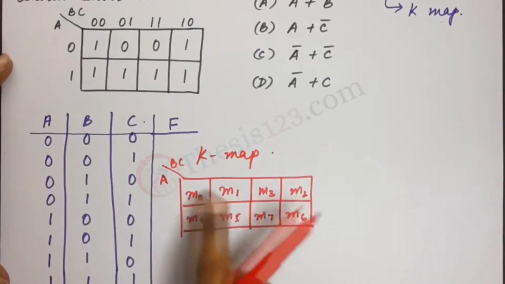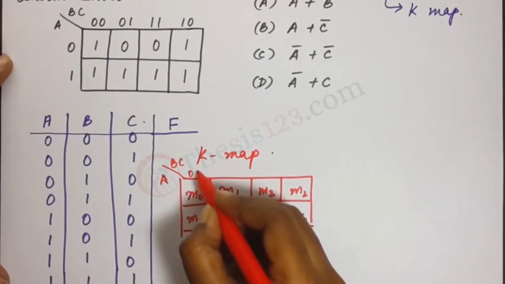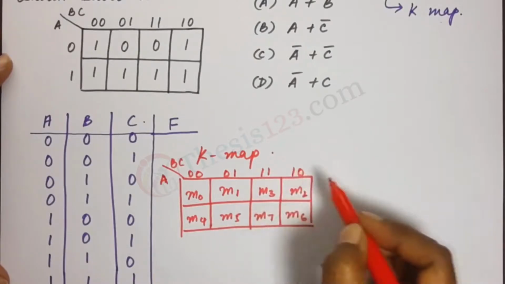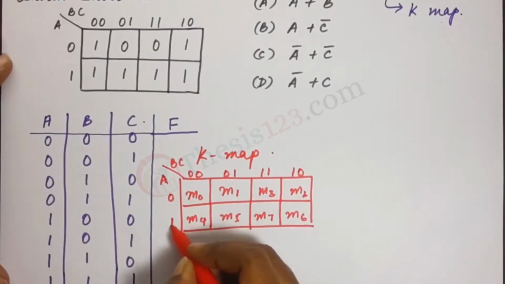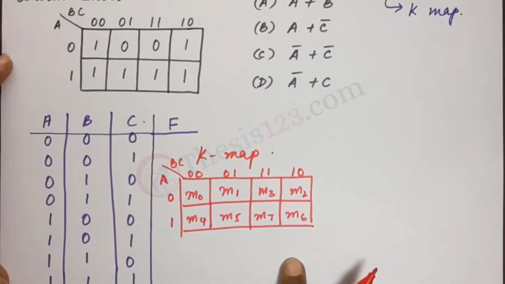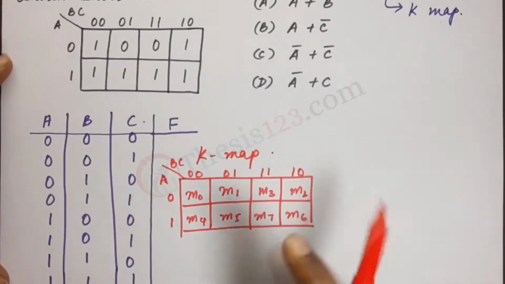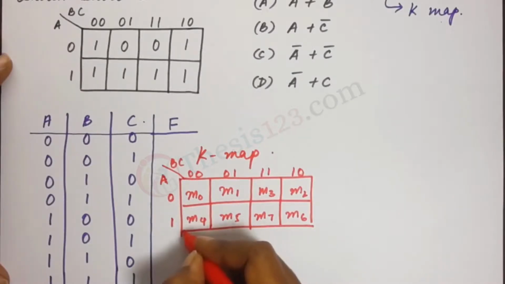The values for each of these cells are 0, 0, 0, 1, 1, 1, 1, 0, 0 and 1. Let me quickly give you a rundown of how this K-map actually has these values.